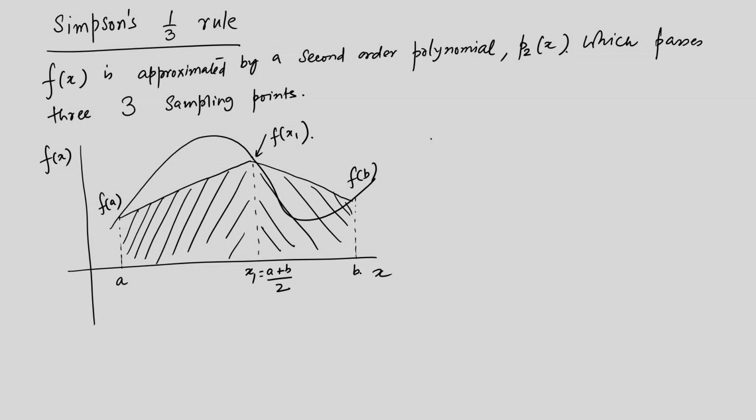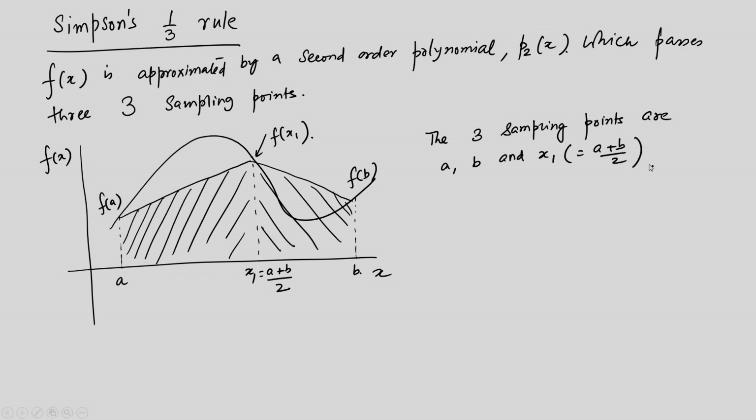So, the 3 sampling points are A, B and x 1 which is equal to A plus B by 2.